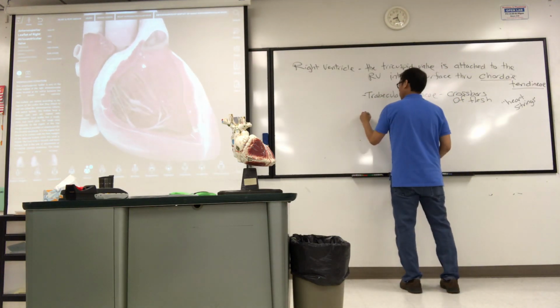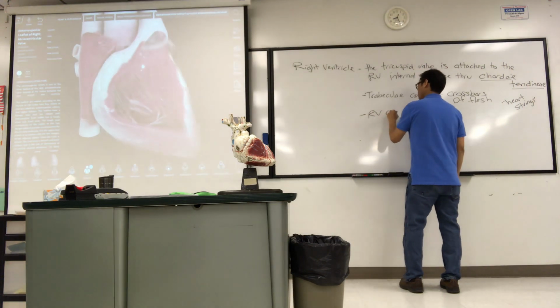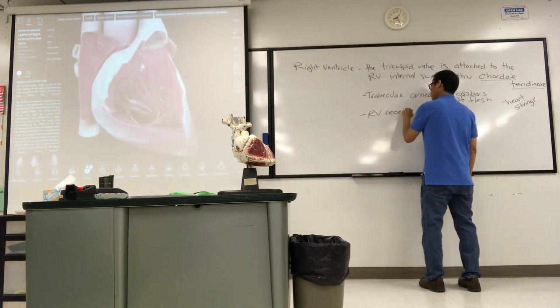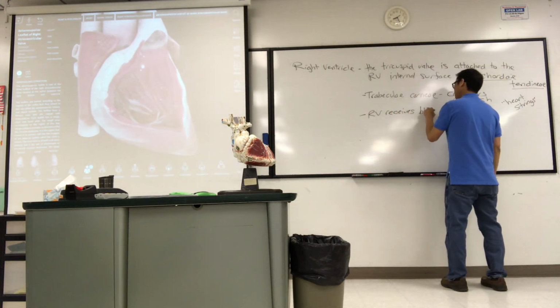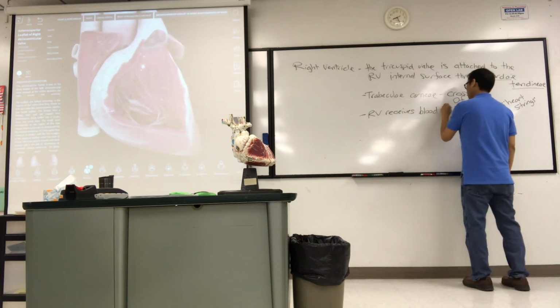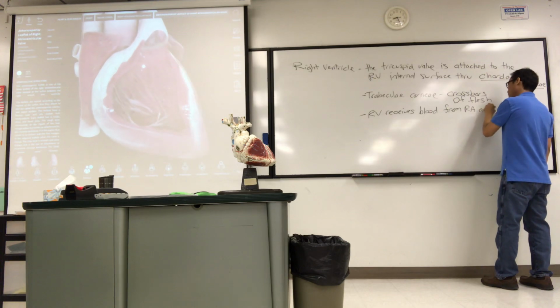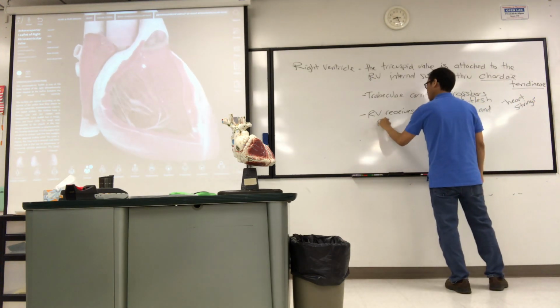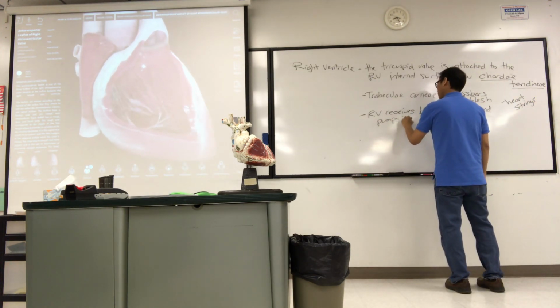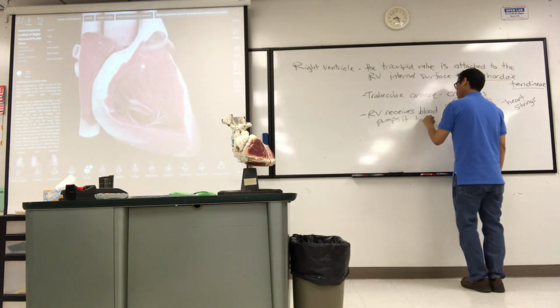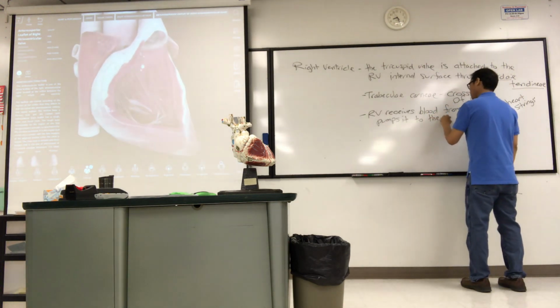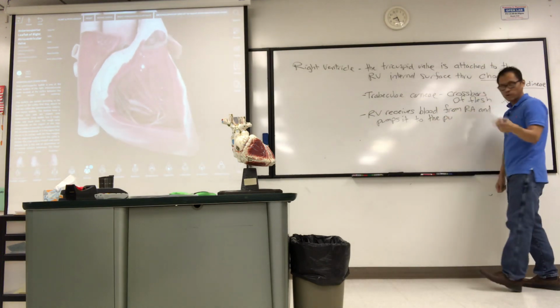So the function of RV, I'll say RV receives blood from RA and pumps it to the pulmonary trunk, which is an artery in its function.